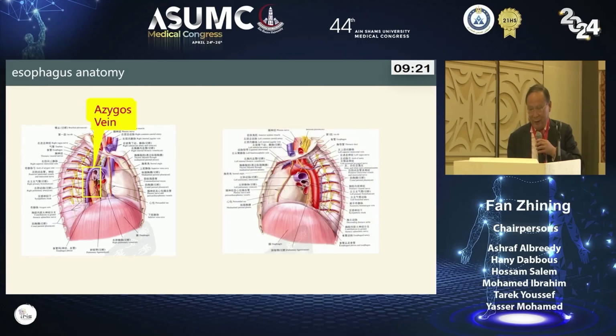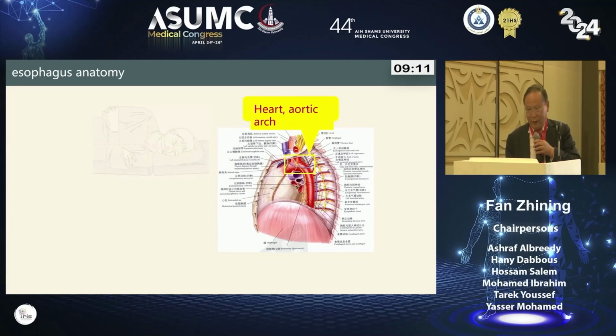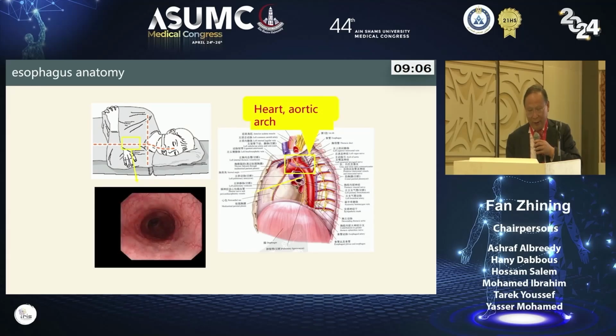This is the left view, the aortic arch and descending artery. This is the aortic arch under endoscopy.